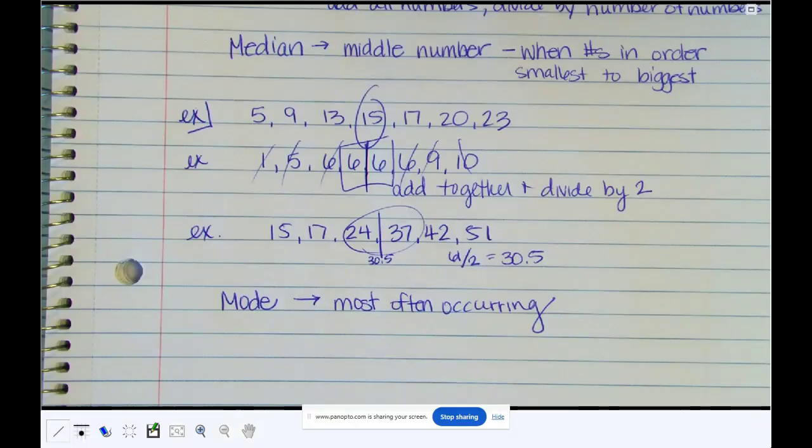Small, medium, large. And then mode sounds like most. Mode, and most often. Okay? So you gotta be able to remember which is which. Mean, median, and mode. So let's practice all those together.